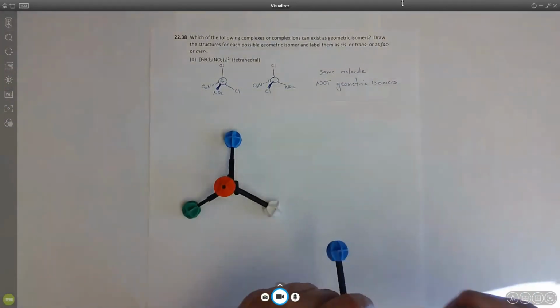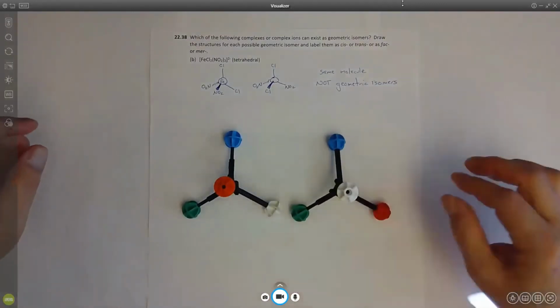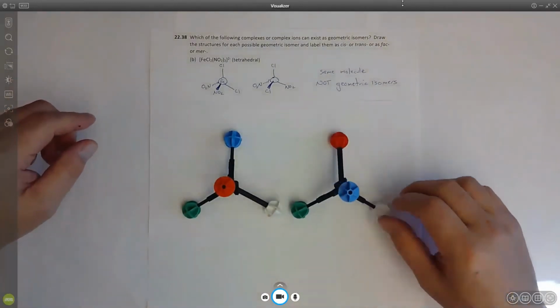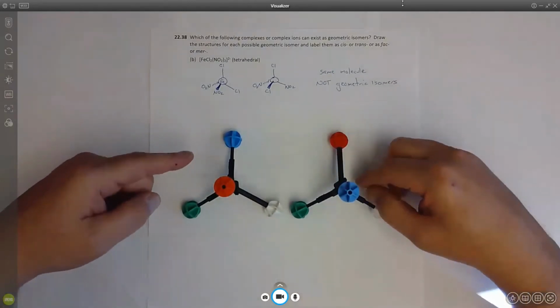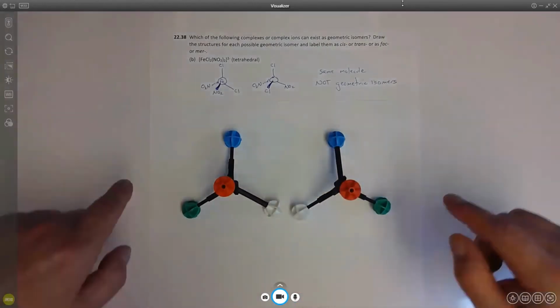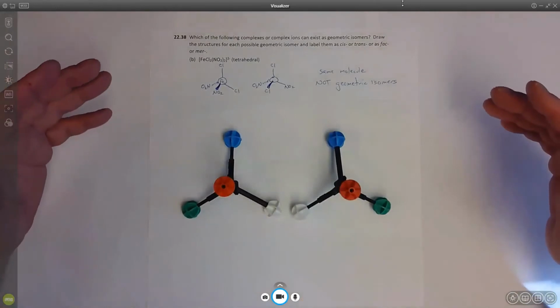Let's say we switch the red and the white. So there's the red and the white. We switched it. Now, is there any way to rotate it? Well, I need to get this guy down to there. So that makes them the same, but these two are different now. So if I try to get those the same, as soon as I do it again, you can see now these two are different.